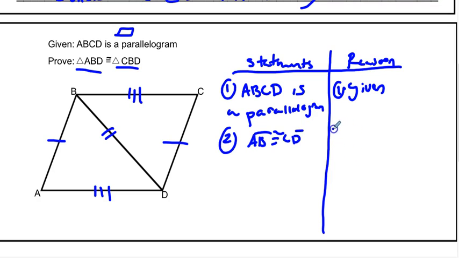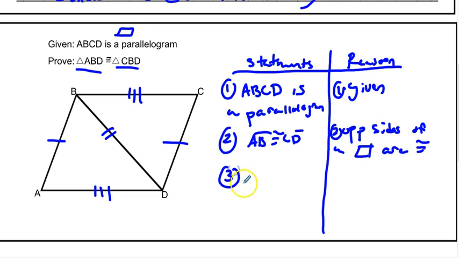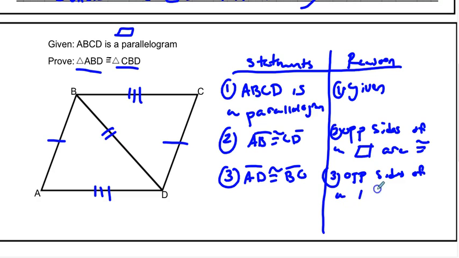And I knew that because opposite sides of a parallelogram, I'll just use the symbol here of parallelogram, are congruent. And I also knew that AD was congruent to BC because, once again, opposite sides of a parallelogram are congruent.